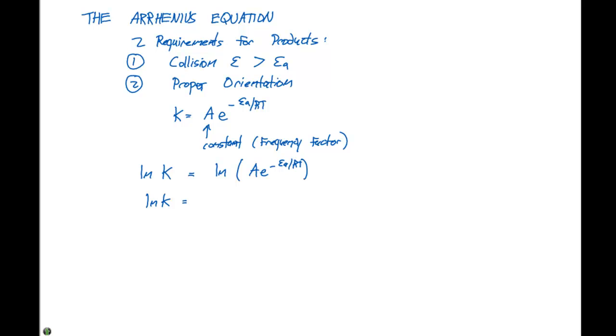When we take an ln of something with an exponential expression, we can bring the minus Ea divided by R outside of this expression. That's going to be times 1 over the temperature plus the natural log of A. So here is our particular expression, and we can put this in y equals mx plus b form.